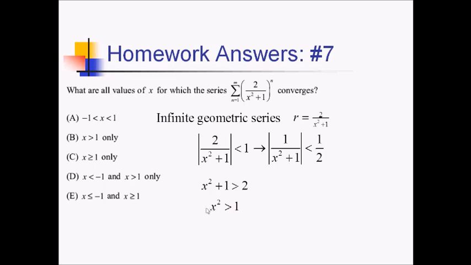Well, if I square something bigger than positive 1, I get something bigger than 1. Also, if I square something less than negative 1, I'm going to get something bigger than 1. Like if this were a negative 3 for x, squaring that would actually give me a positive number bigger than 1. So that means that x has to either be less than negative 1 or x has to be greater than positive 1. And out of all these answer choices, the only one that fits this description is choice D.